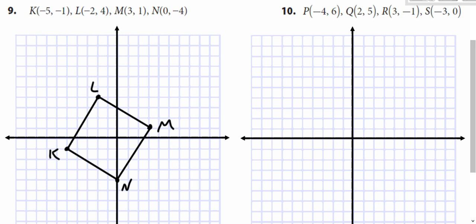So that looks like it might be a square. Looks pretty close.